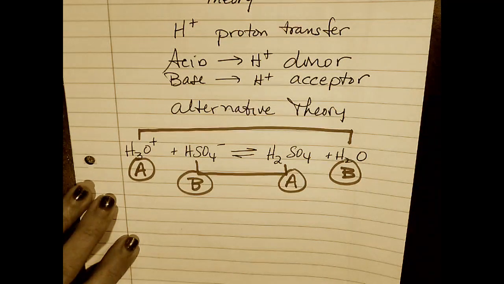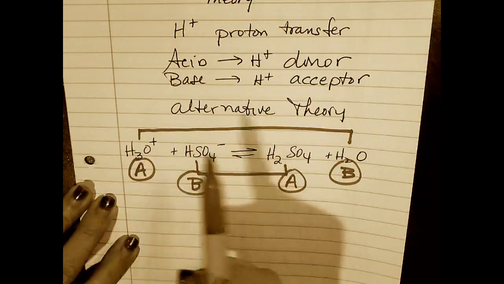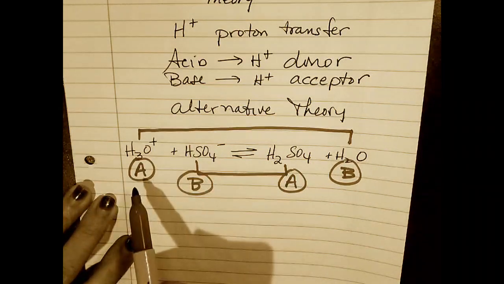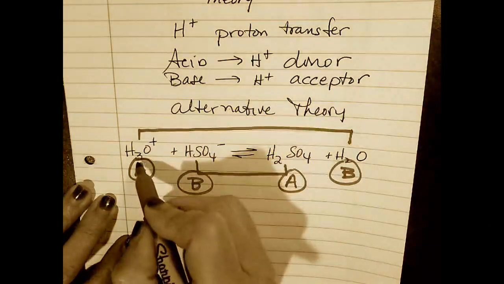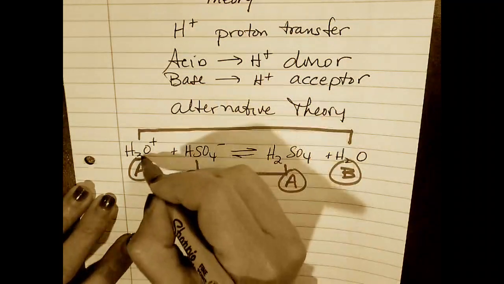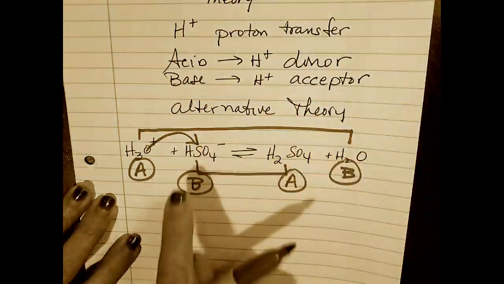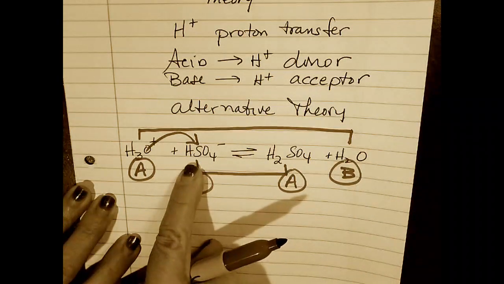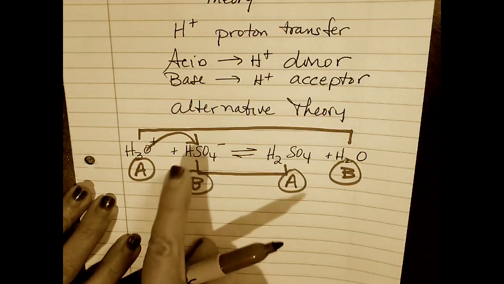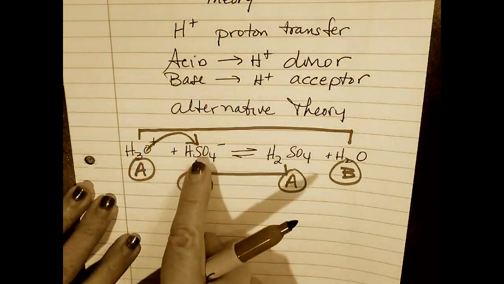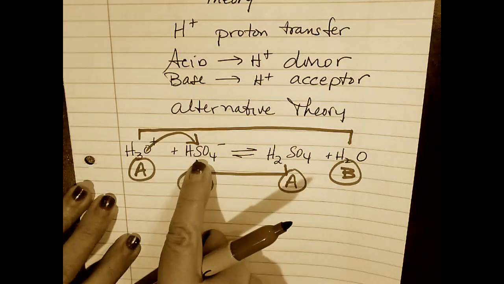The rules are always the same. Acid is a proton donor. If you look at it as a cycle with the two reactants, acid is a proton donor giving that H plus to the HSO4 minus. So this is the acid and the HSO4 minus is the base.